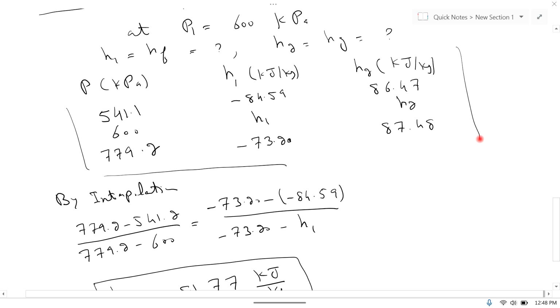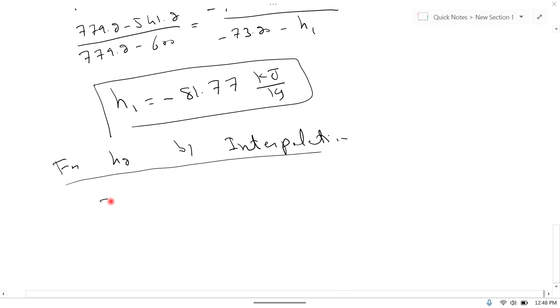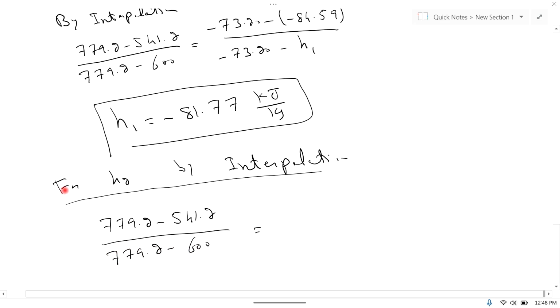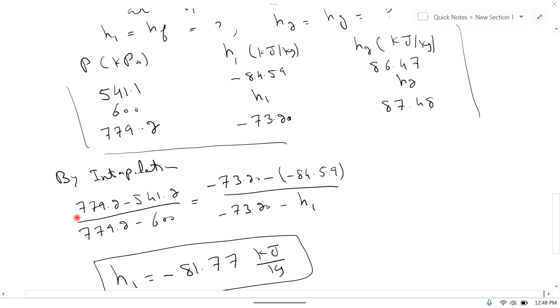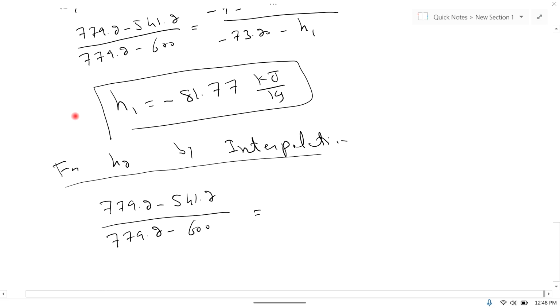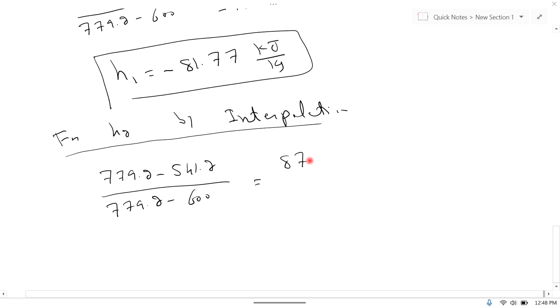So 779.2 minus third value minus first value divided by third value minus second value is equal to third value 87.48 minus 86.47, 87.48 minus 86.47 divided by third value minus second value, which is H2.